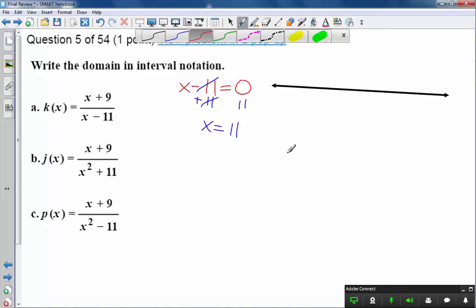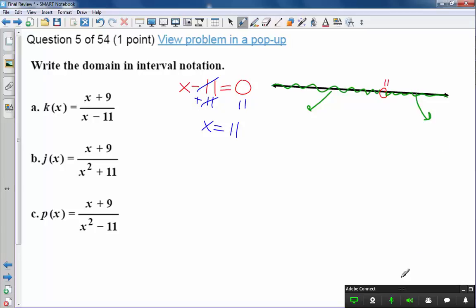So when you take 1 point off, that's 11, from the entire line, you end up with 2 pieces. A piece to the left, a piece to the right, and you need to unite them, and that's your domain. So what is the piece to the left?